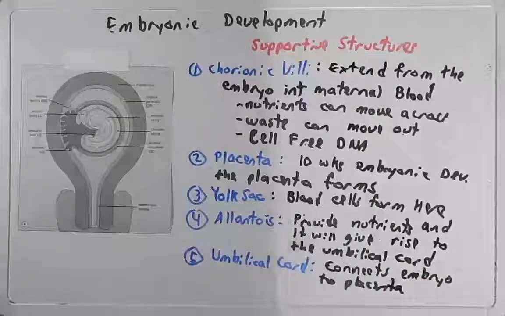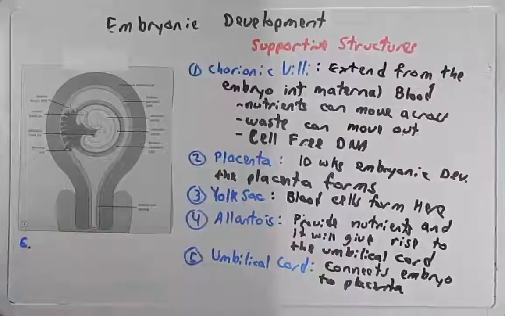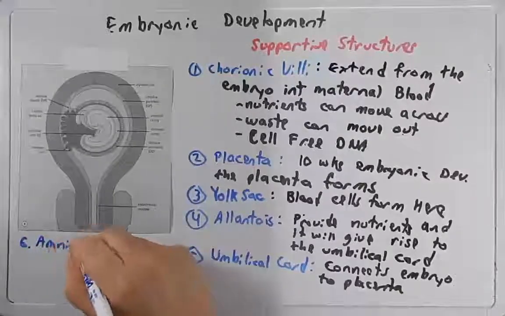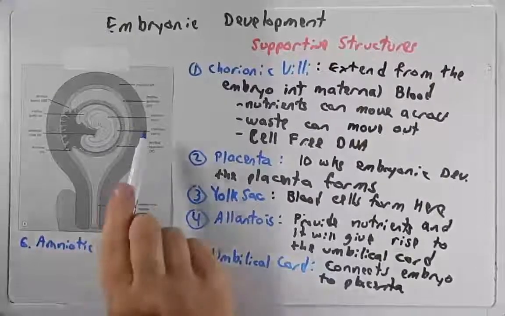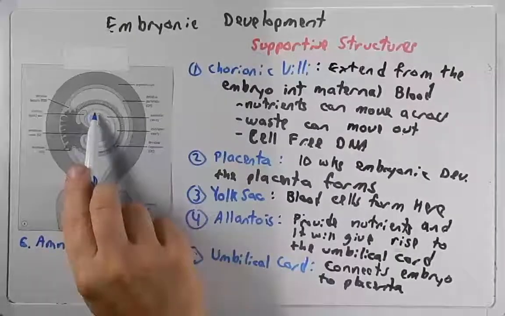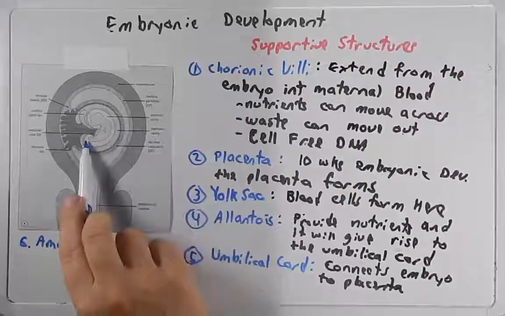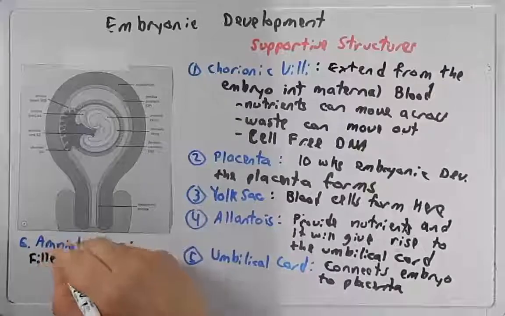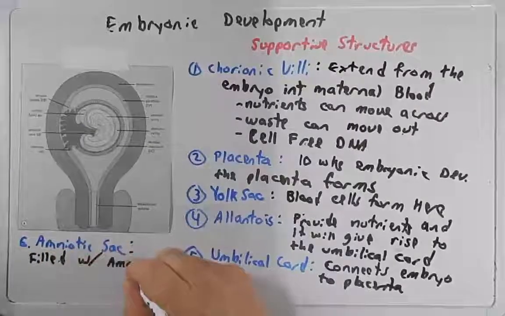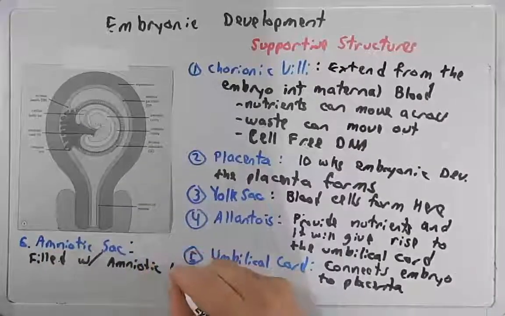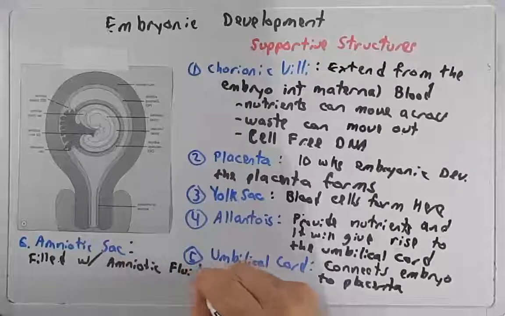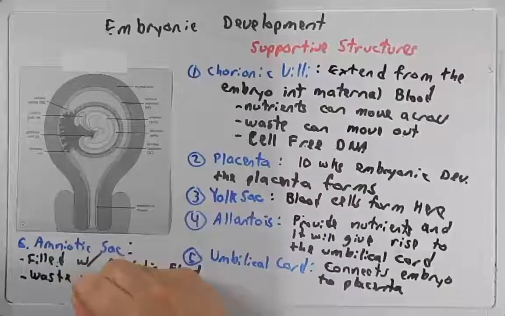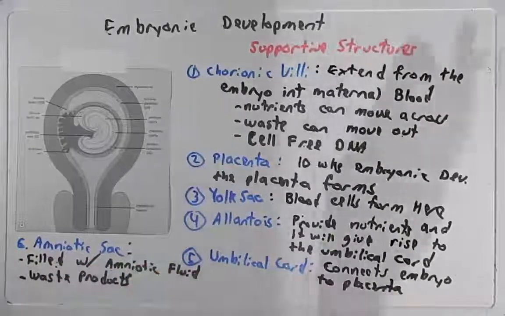And the last structure I want to talk about that provides support for the growing embryo is the amniotic sac. And you can see the amniotic sac. It's this fluid-filled cavity here that surrounds the embryo. So it's filled with amniotic fluid. It contains waste products from the developing embryo or fetus.